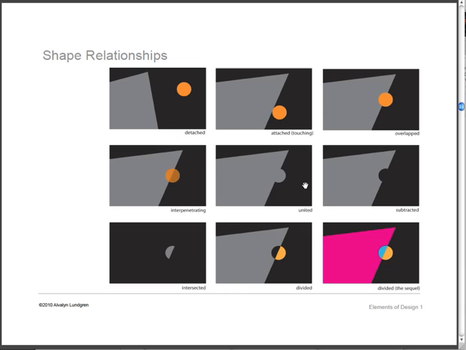So as we look on the next slide, we have two shapes. We have a circle and a large gray shape in a rectangle. So the gray shape and the circle are detached. There is distance between. And so this is occupying a portion of the design space. This is over here.